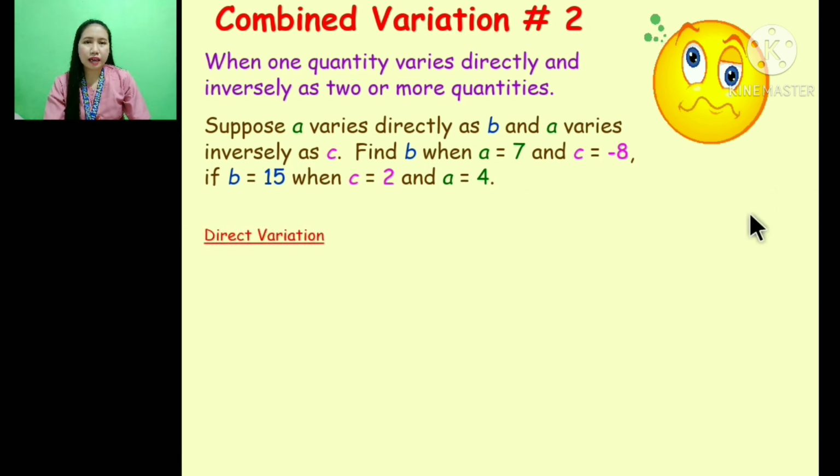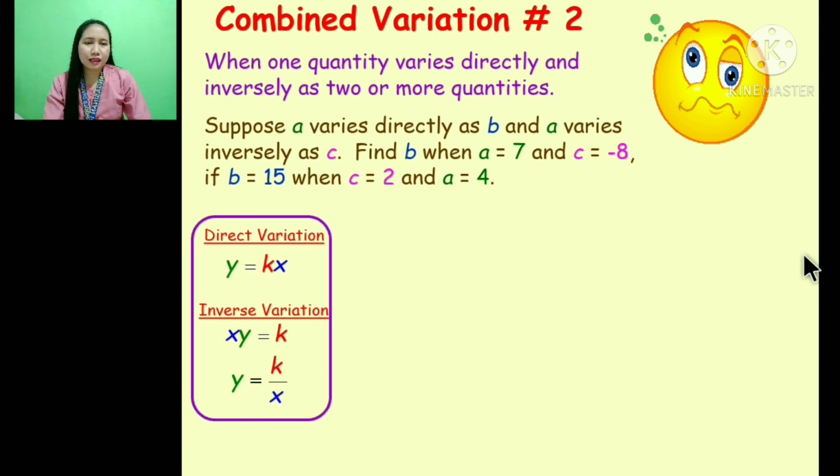Okay, so again, we have the equation for direct variation, which is y is equal to kx, and for inverse variation, we have xy is equal to k, or we have y is equal to k over x.